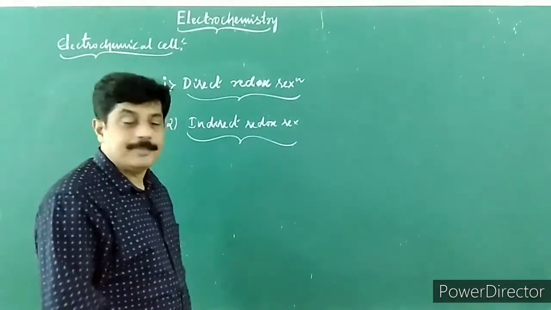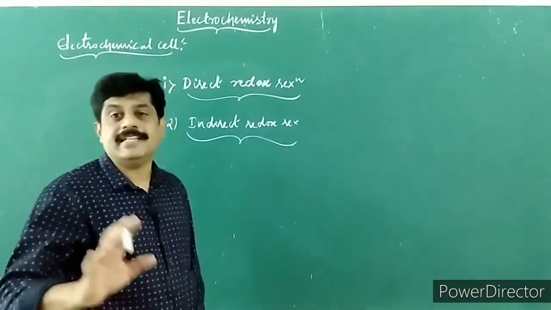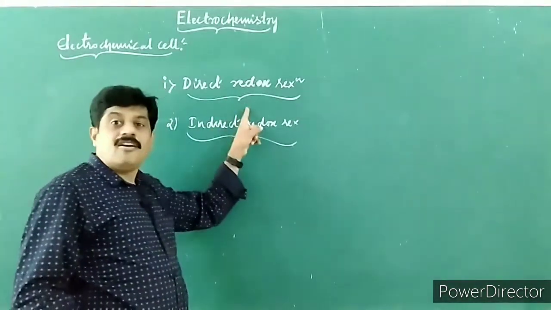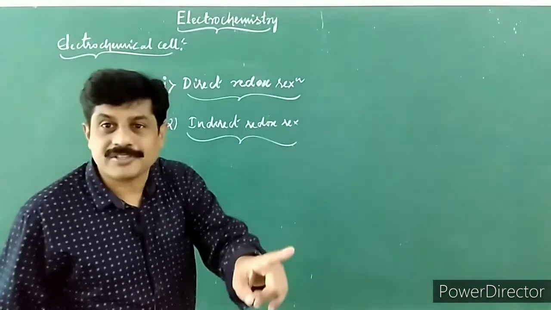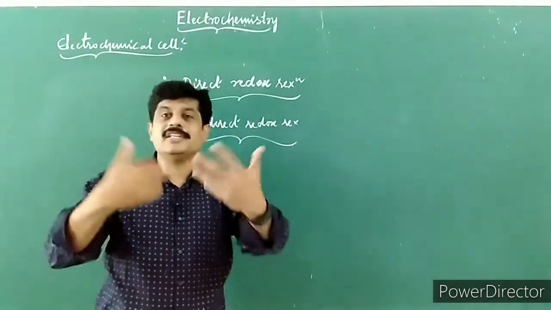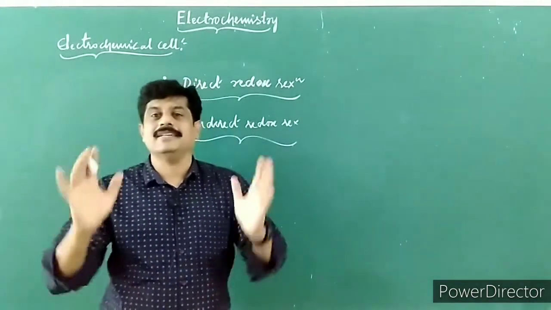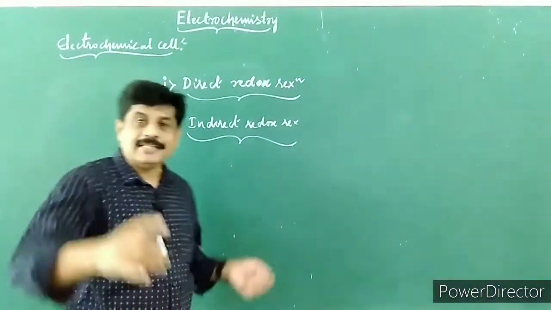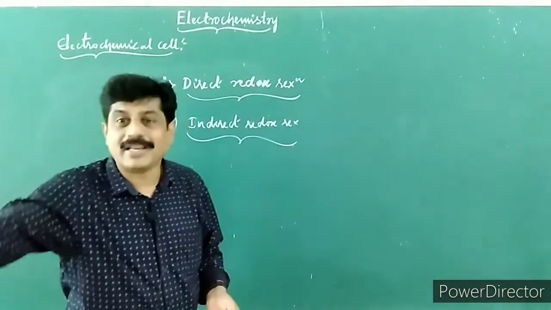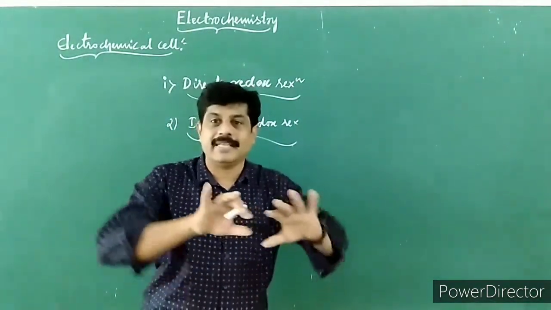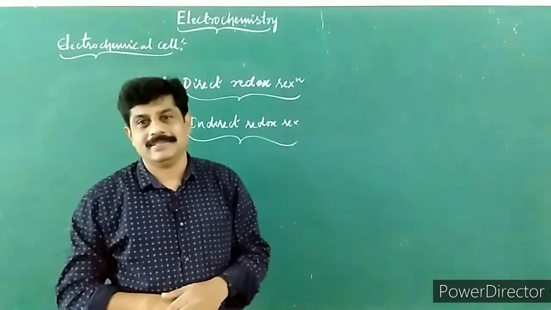Even then, I will take up both types of redox reaction in detail. For the time being, let us learn that direct redox reaction is a type of redox reaction in which both oxidation and reduction take place in the same container, whereas indirect redox reaction is a type of redox reaction in which oxidation and reduction take place in separate containers.